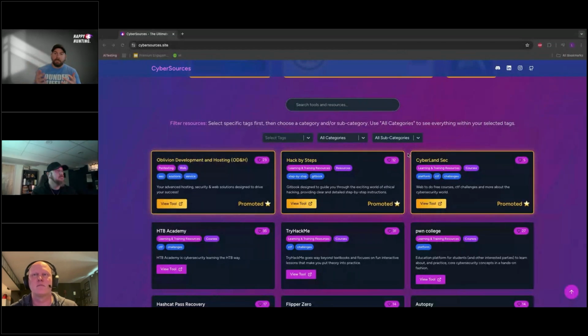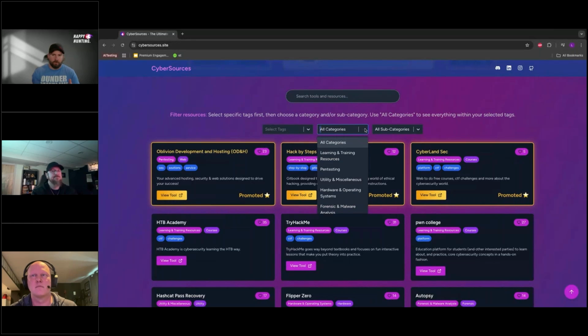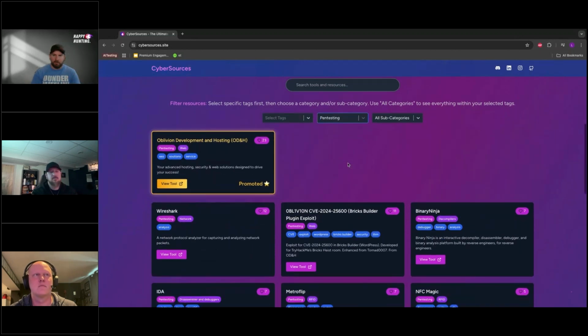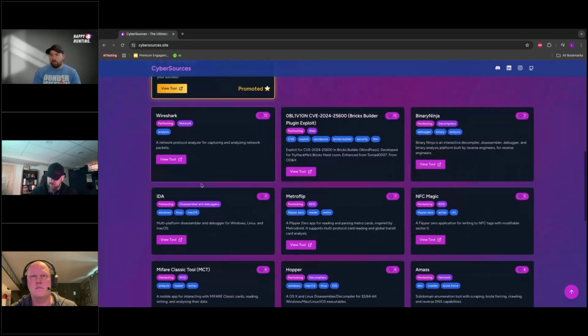There are GitHubs out there, but this came across real quick, and I thought it was neat because, of course, anything with tagging is great because it drives your focus. It's just easy to understand. You don't even need to know what you're coming for. Looking at pen testing stuff, it automatically filters out what you need to know.